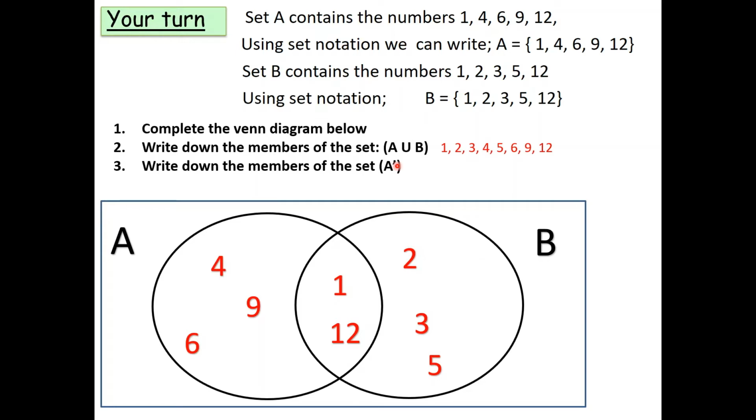That means not in A. And that will include anything not in this circle here. So if I just show you what I mean by that. Anything not in that red circle just there. So that will be the 2, the 3, and the 5.